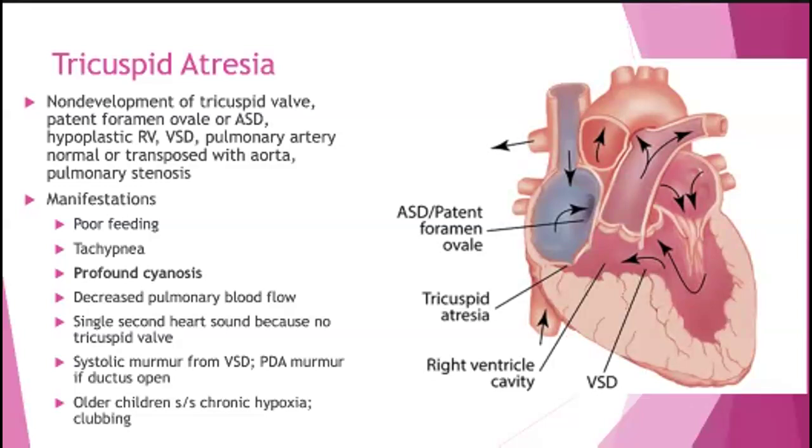The body will start to produce extra blood cells because it's seeing that my tissues are not getting enough oxygen, and therefore it says, I'll make more red blood cells so I have more oxygen carriers. So we'll get polycythemia, too many red blood cells, which puts the child at an increased risk for stroke and clotting issues. They can get heart failure and they can die in infancy if not surgically managed.